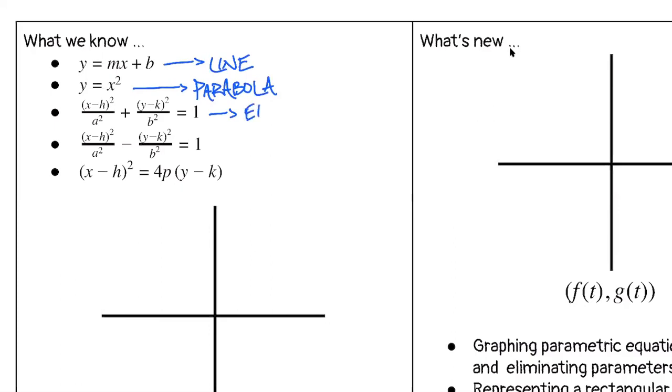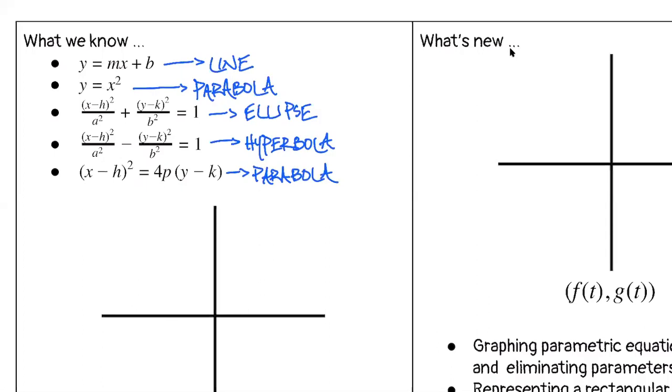Circle. And the fourth one? Hyperbola. A hyperbola, yeah. And then the last one actually gives us the same shape that the second one did. We also get a parabola from this.